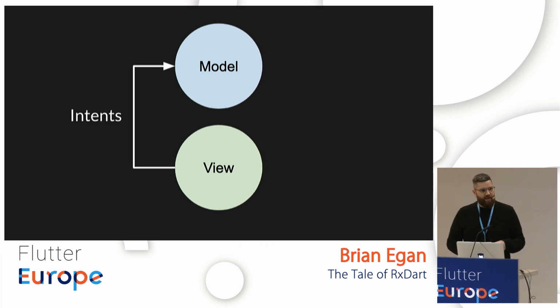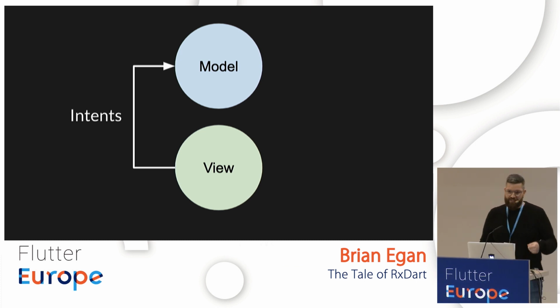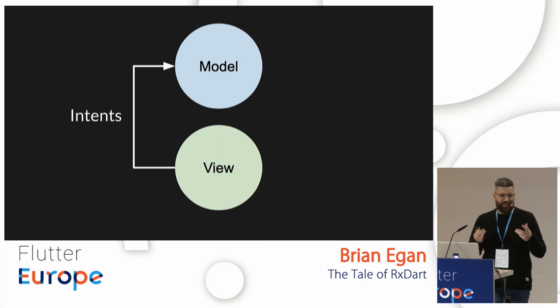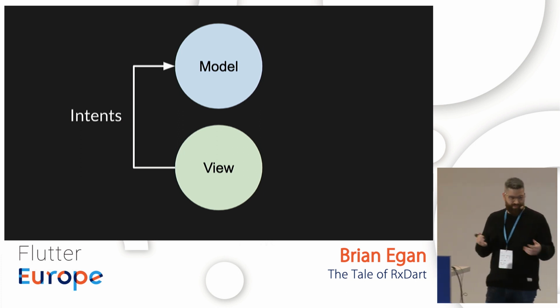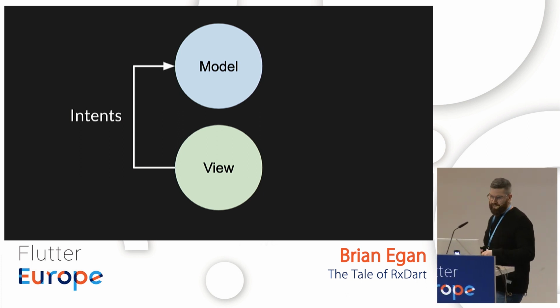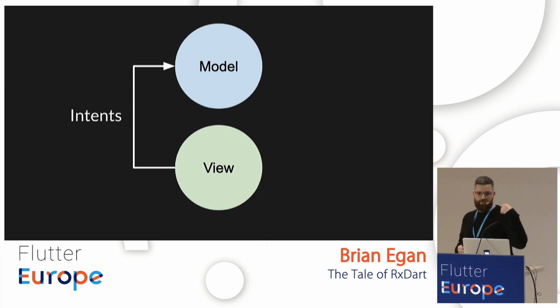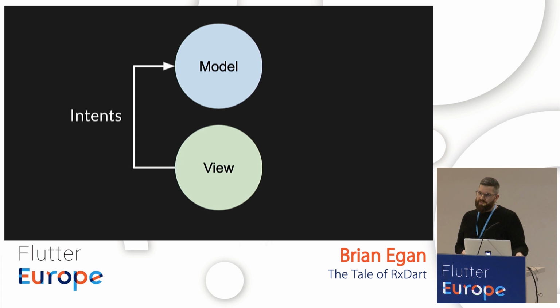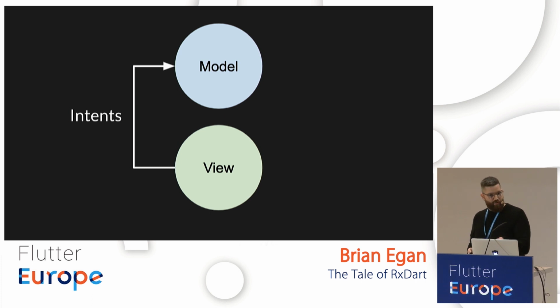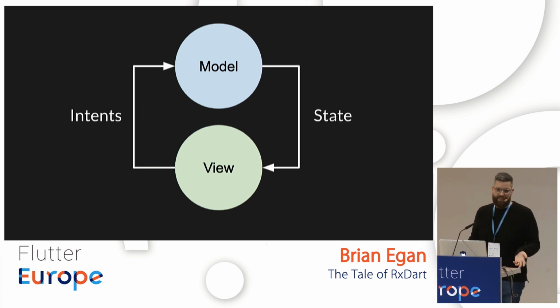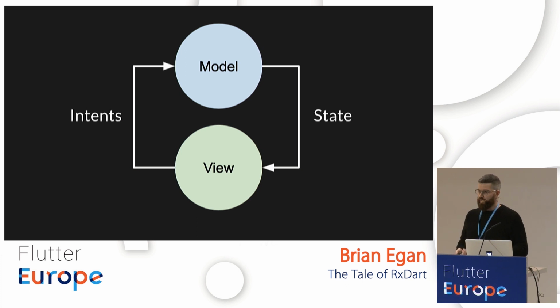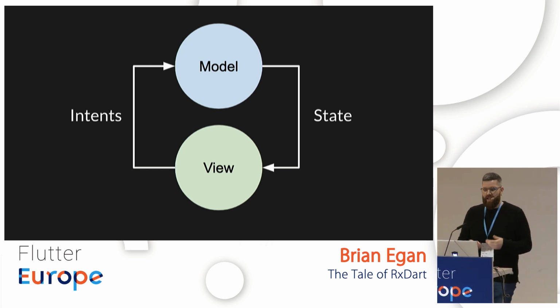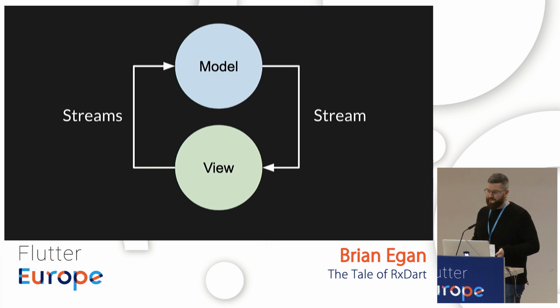The widgets can trigger these things called intents. You can think about these as events or actions; intents is just a specific name, but it's essentially the view sending data to the model. Then the model processes that data and emits a new state, so a new view state. This is the cycle within Cycle.js, and these are all implemented in streams.